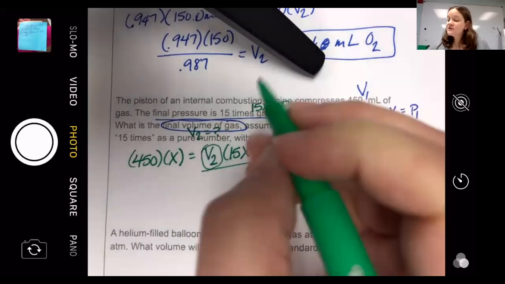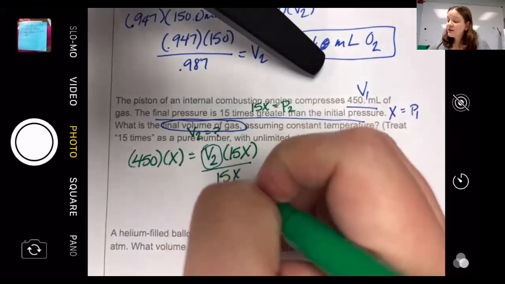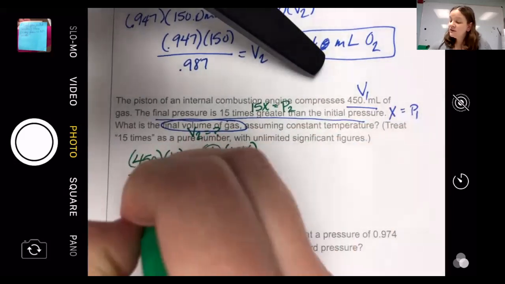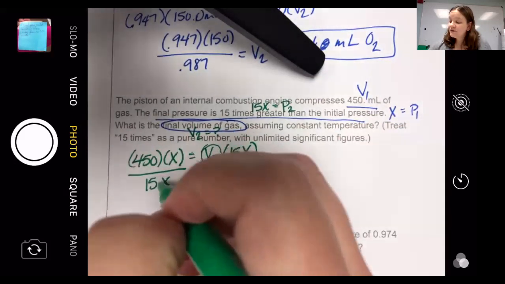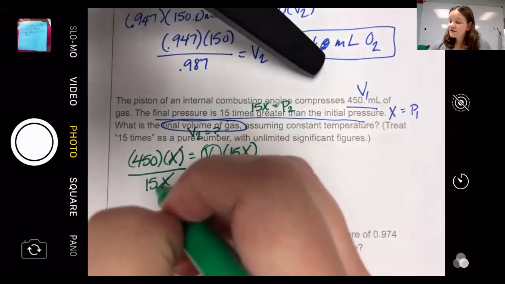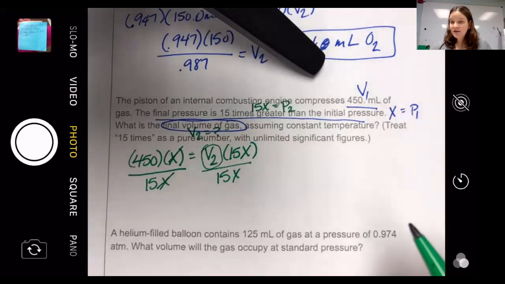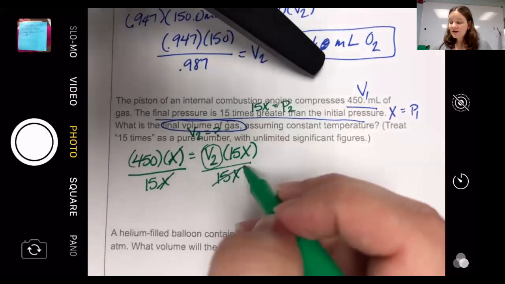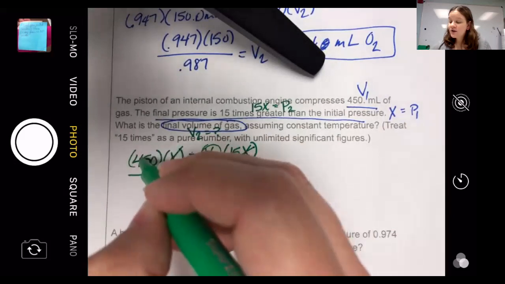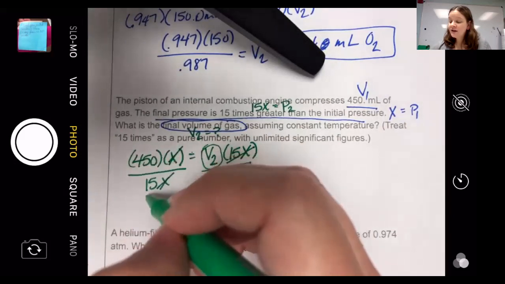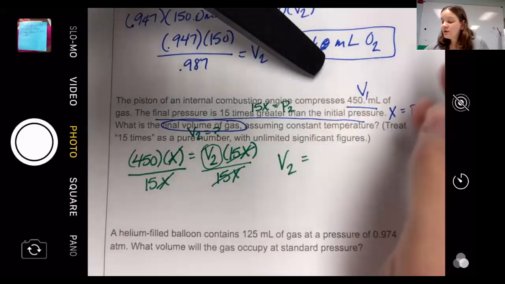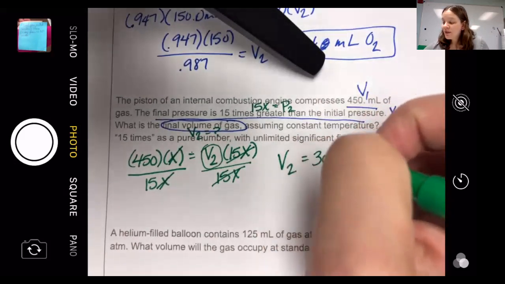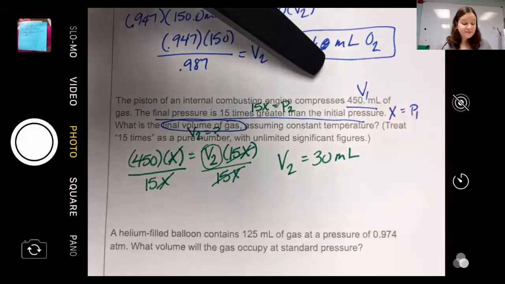We're going to divide both sides by 15X. So I have 450X divided by 15X. So the X goes away. Okay, and then it goes way over here. So I just need 450 over 15 is equal to V2. So my new volume is going to be equal to about 30 milliliters.